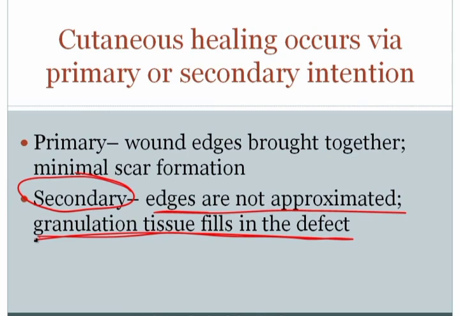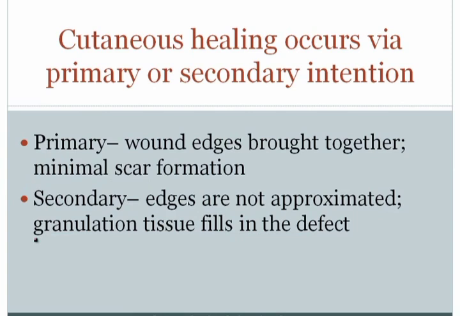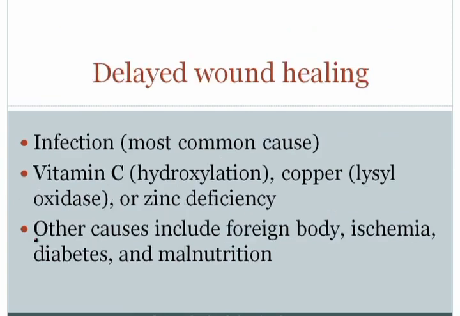And the answer is the myofibroblasts. Now let's go back. Remember that granulation tissue has three components. It has capillaries, it has fibroblasts that lay down type 3 collagen, and then it has myofibroblasts. And the myo means that they have some contractile function. So the myofibroblasts have the ability to contract the wound and make it smaller. And that's actually high yield for examination. So that's why I actually brought this topic up to begin with.